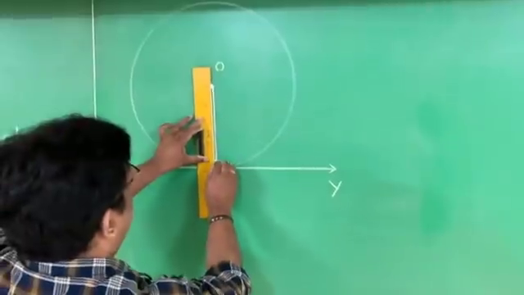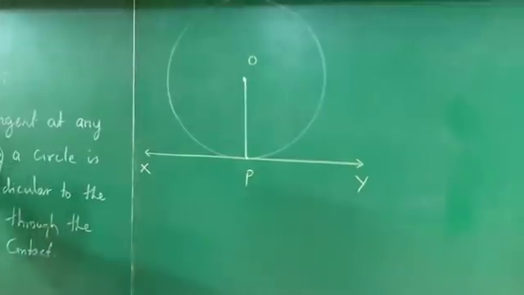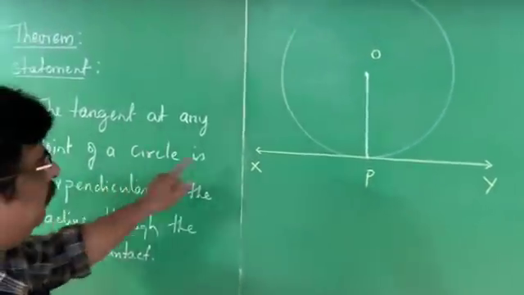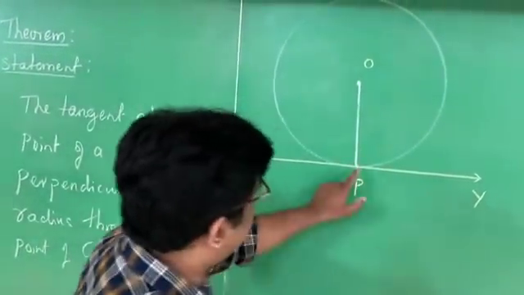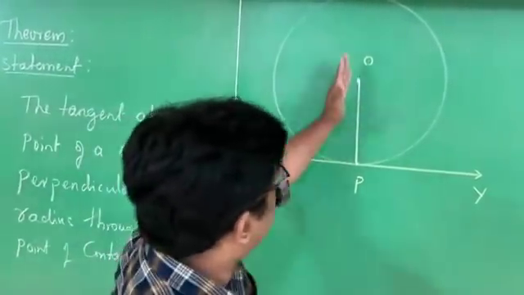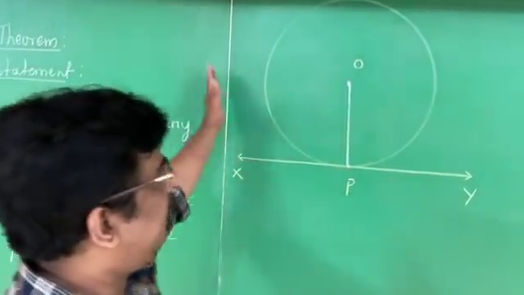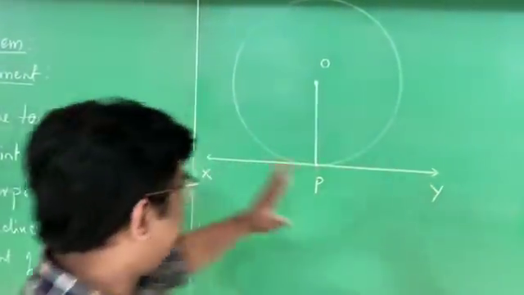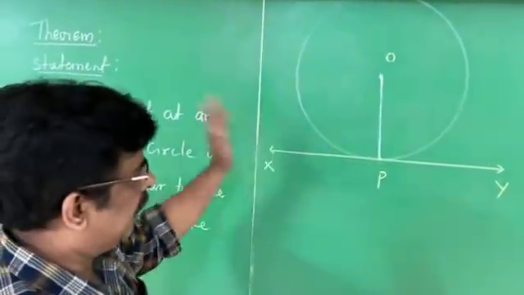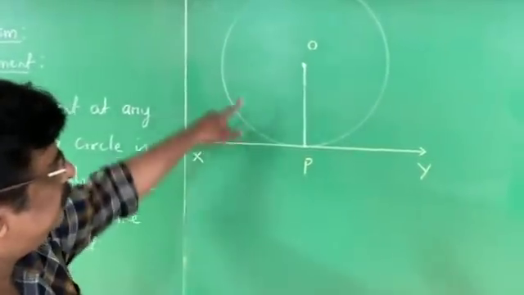I repeat once again, the statement is very simple: a tangent at any point of a circle is perpendicular to the radius to the point of contact. This is the diagram of the theorem. The statement of the theorem is that the tangent and radius are perpendicular to each other at the point of contact.